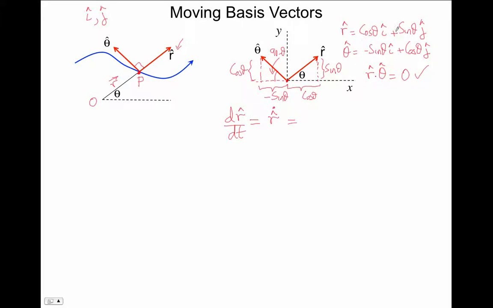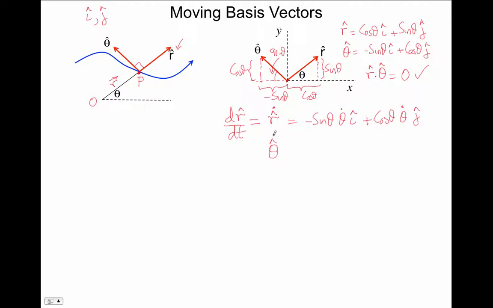Well, let's compute that looking at what's over here. So if you differentiate cosine theta, you get minus sine theta, and then there's theta dot by the chain rule, times the unit vector i, and we don't have to differentiate i because it's fixed. Then there is cosine theta, theta dot j.